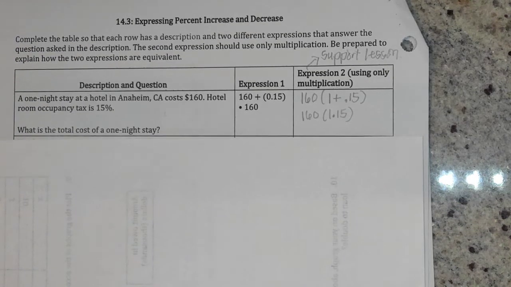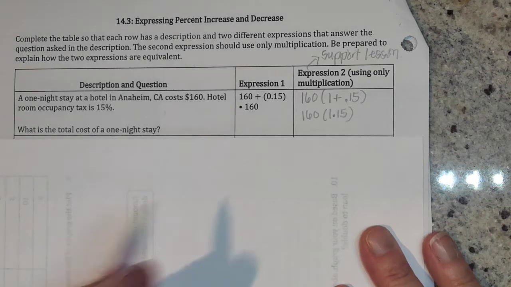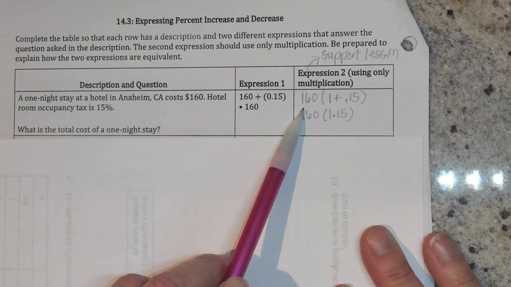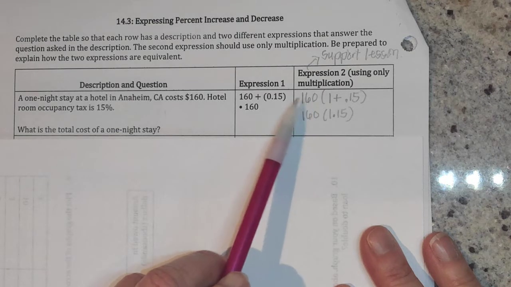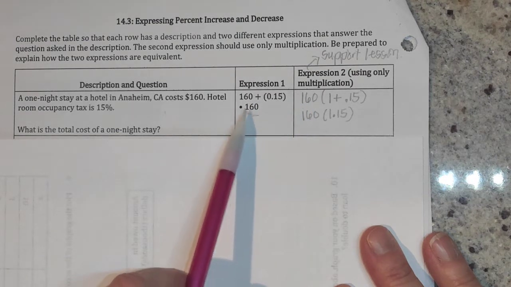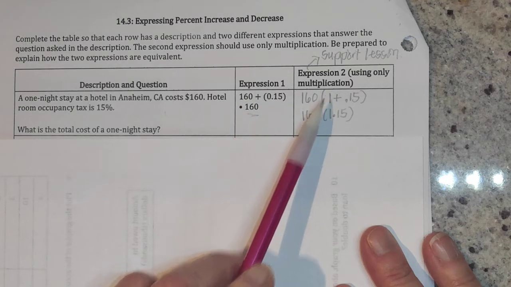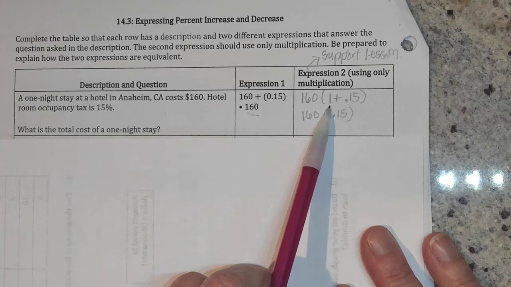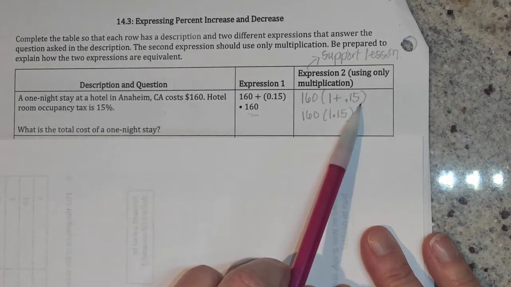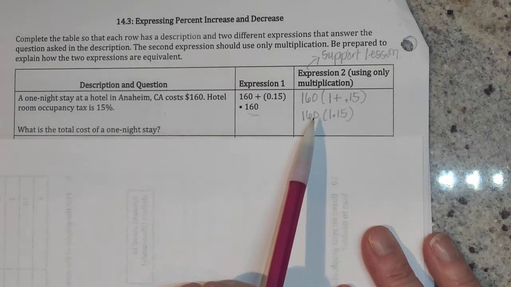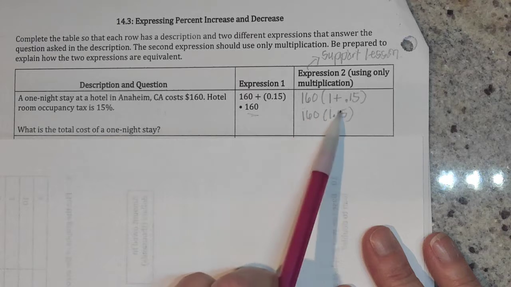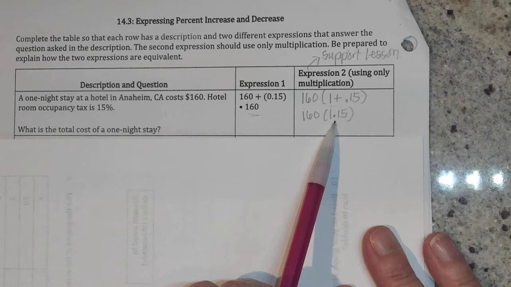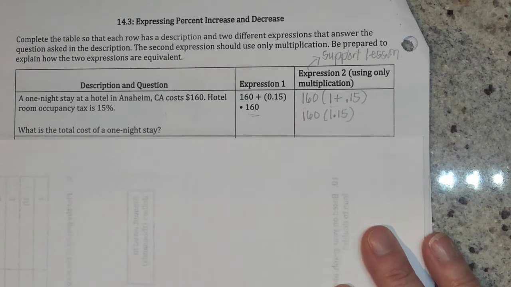As you can see, what I did was, you'll notice that I factored out the 160, or I distributed out the 160, which is what we saw in the support lessons yesterday. And when I did that, I was left with 1 plus 15 hundredths. And then I just simplified these together and I got 160 times 1.15. That's all you needed to do.